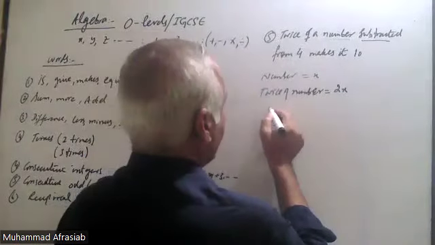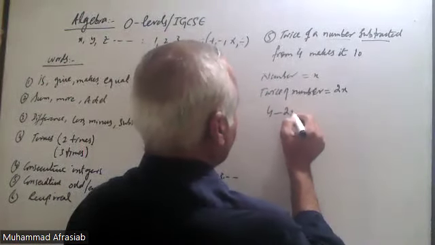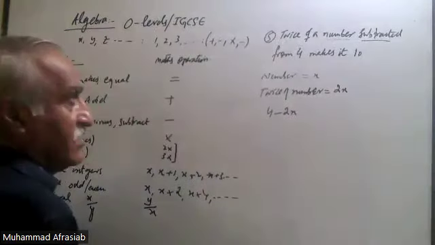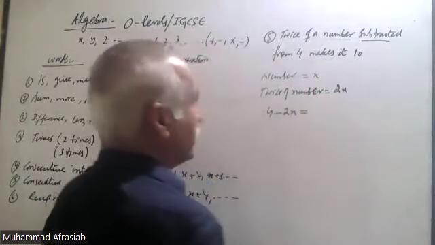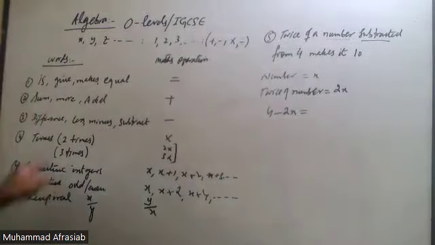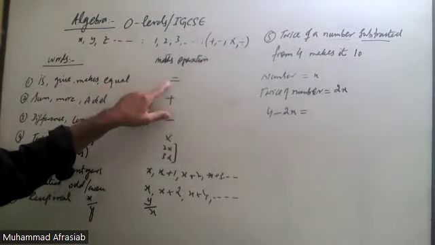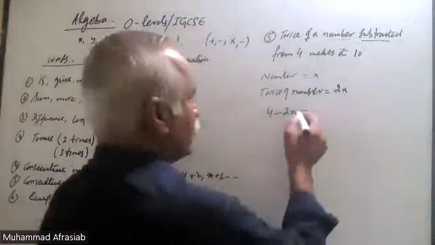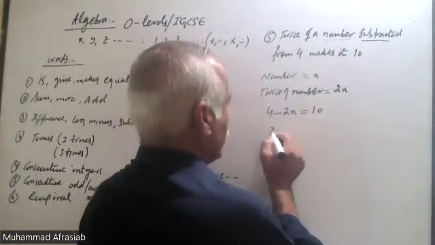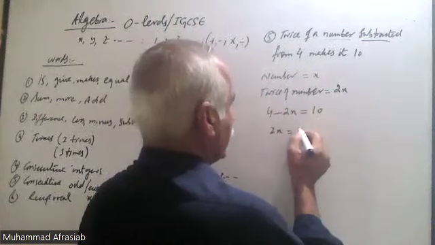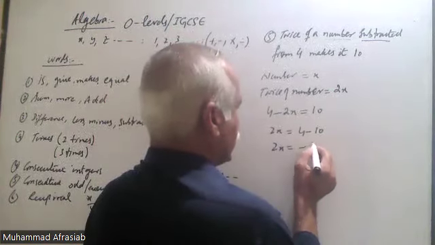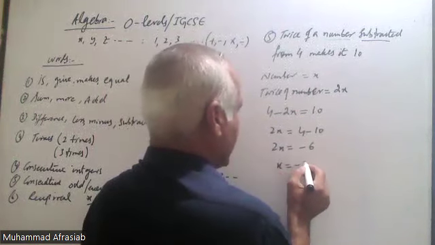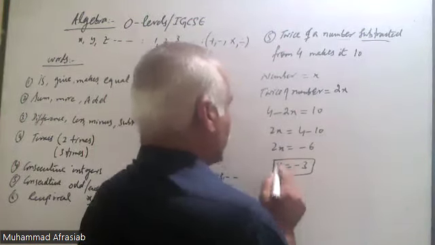So that means 4 minus 2x. Then makes, which means you are going to put the equal to sign, 10. So 2x should be equal to 4 minus 10, or 2x is equal to minus 6, or x is equal to minus 3.